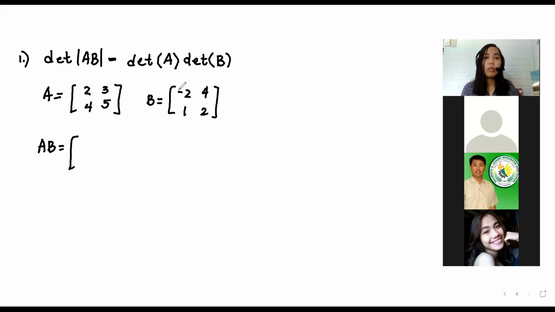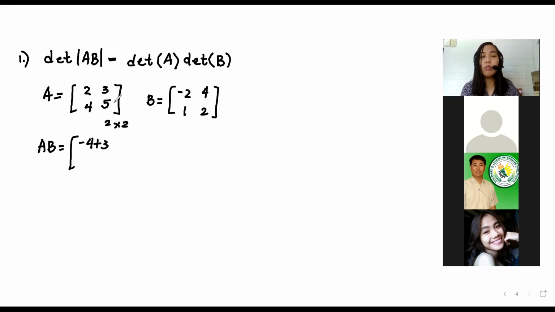So 2 times -2, -4. 3 times 1, 3. So again, how are we going to multiply matrices? Row by column, right? And we can multiply them since they are both square matrices.